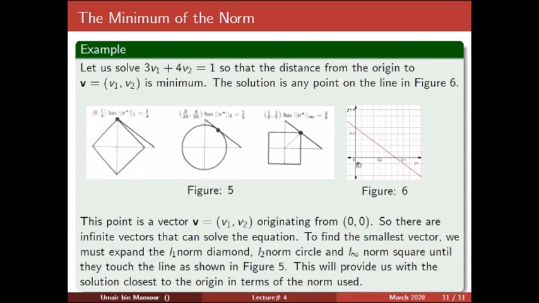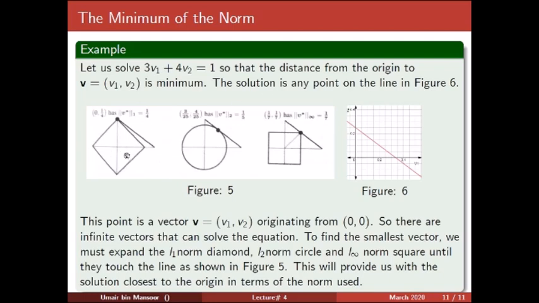That vector will actually solve the equation. But the question is, find that vector which is the smallest in length. So this question is treated differently for different norms.